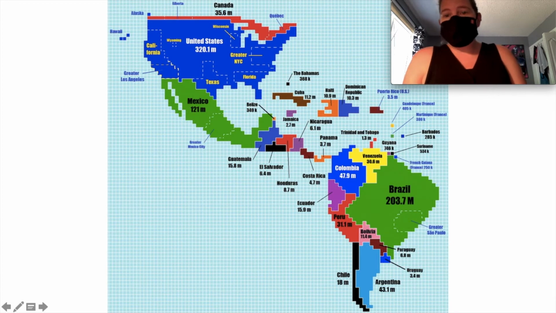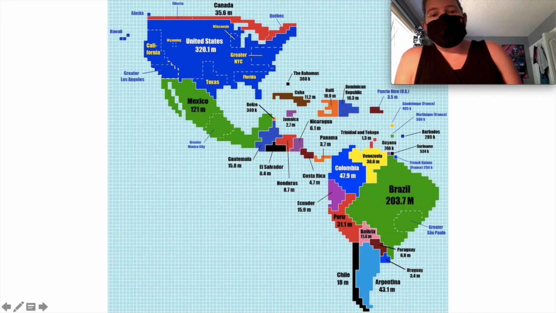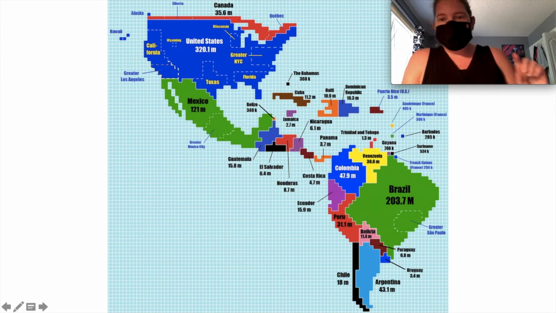This is a map of what things would look like if the land were based on population, so each country has land based on how much population they have.